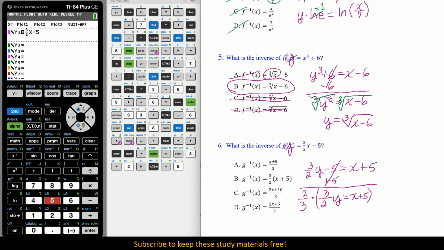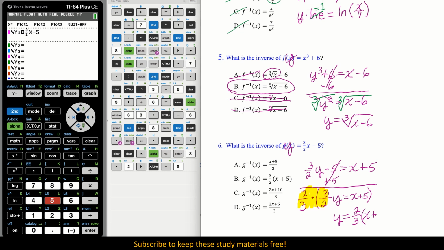This, see how this turns this into 1? But we don't just do it to one side. We have to do it to both sides because this is how we would get 1. This becomes 6 over 6, which is 1. But we have to follow through. So what do we get? We get y equals 2/3 x plus, okay, plus the, you know what?